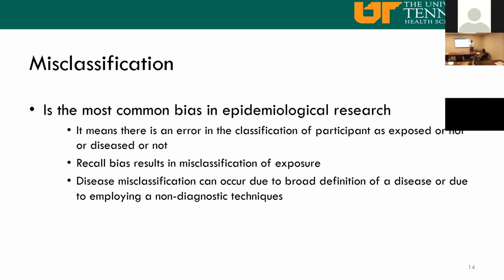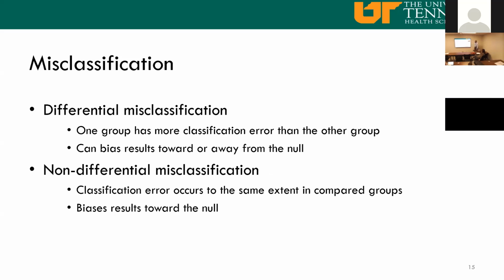But if we are referring to coronary heart disease, there might be a better definition of what that means. So a broad definition of a disease can result in misclassification, and can introduce bias in the association between the study variables.